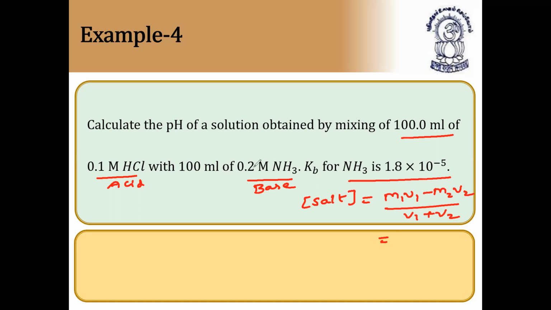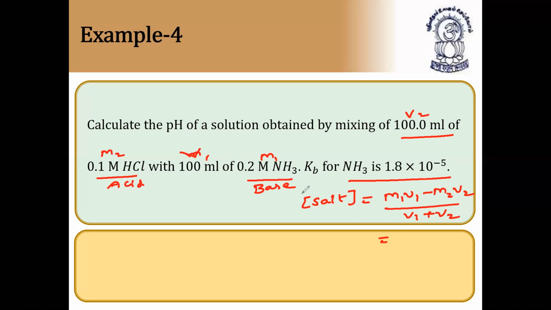So 20 you should take as M1V1, and this should be M1 because this is greater, and this should be V2 and this is M2. Then only you'll get the correct answer. Whichever number of milliequivalents of base is greater, then we have to take M1V1 as base and M2V2 as acid.